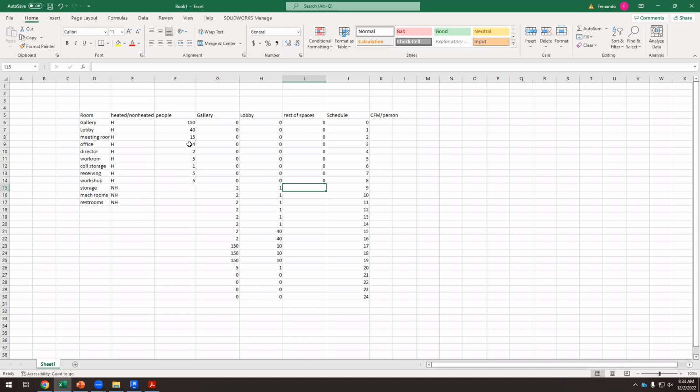How many people? No, we have 6, 11, 12, like 20, 22 people. So can I assume that during the morning we have 20 people here in the rest of the spaces? And then when the exhibition starts, we have 0.